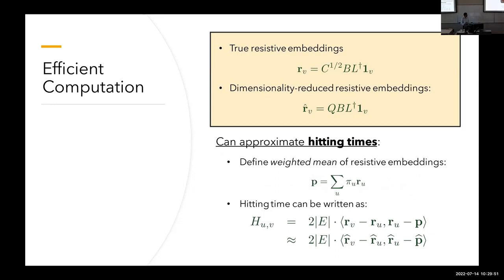Basically, your hitting time can be approximated by taking some inner products, and inner products are related to L2 squared norms. So by this JL property, you can preserve the hitting time to a reasonable approximation. The punchline is that with these dimensionality reduced embeddings, you can still compute approximations to our affinity measures.